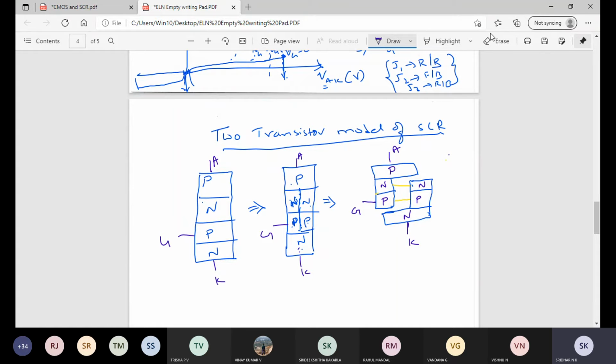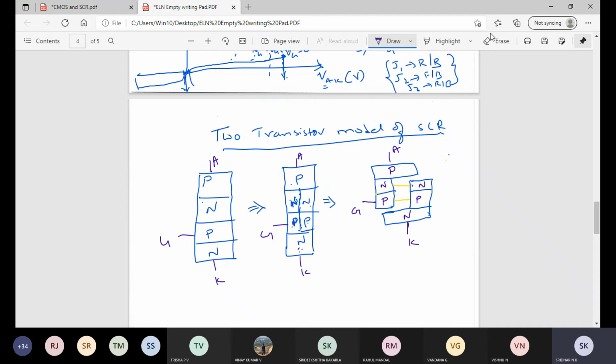So what is a transistor? Actually, we have not done the transistor part so far, but a transistor is a bipolar device which has three terminals, and it has three layers. It is of two types: NPN transistor and PNP transistor.